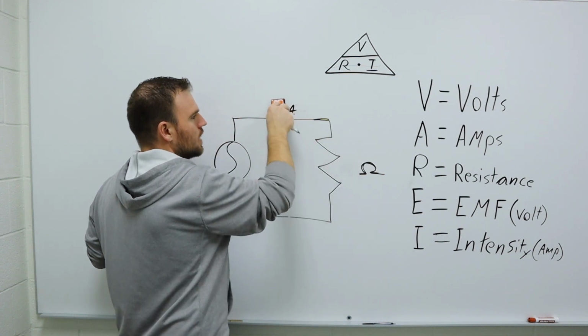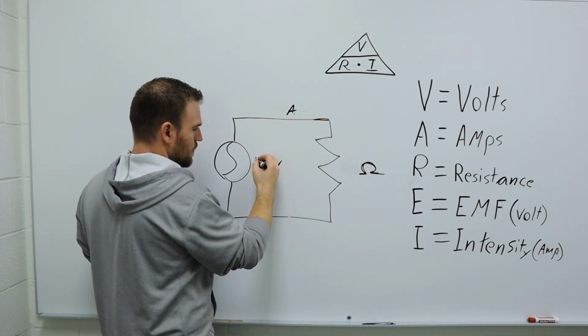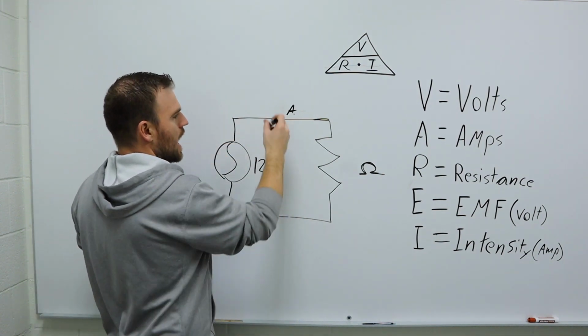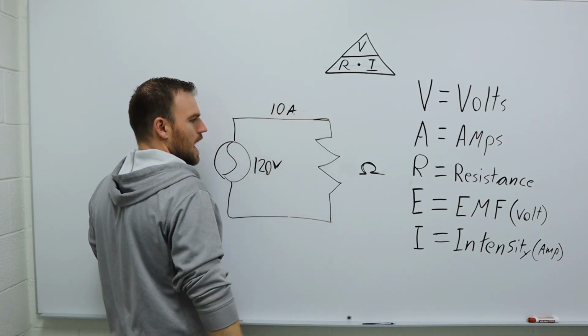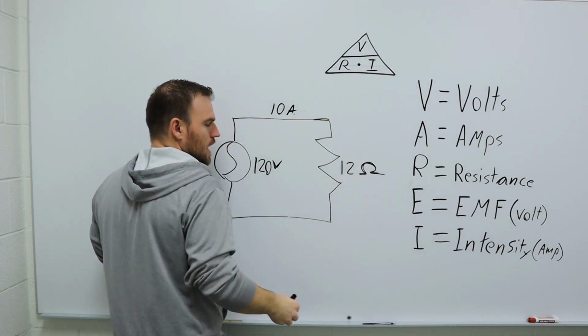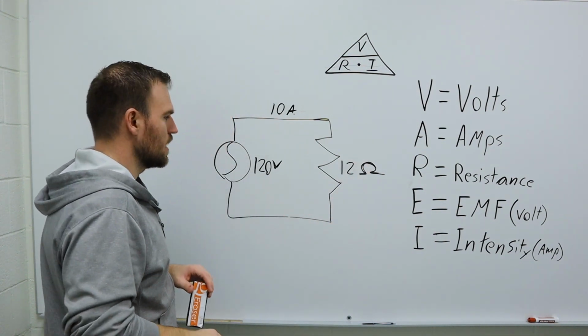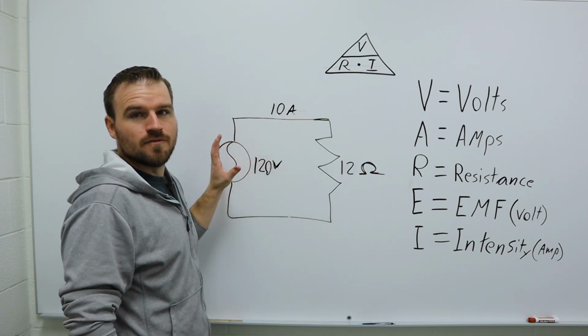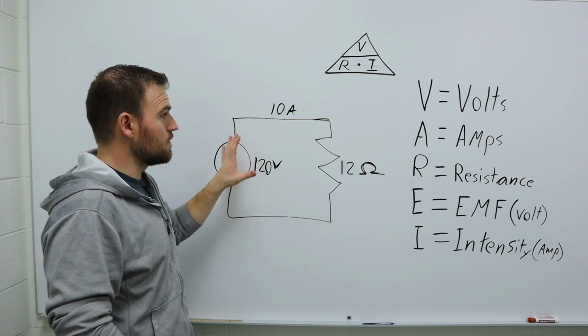So if I had 120 volts, now we're getting into some hard math here, and I had 10 amps going through my circuit, that would mean that my resistor had 12 ohms of resistance. Now again, like I said, they can be moved around depending on which variable you're missing. You can kind of figure it out.